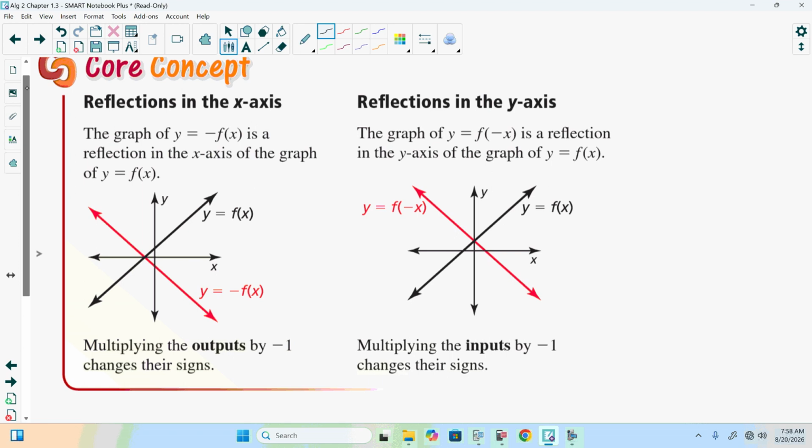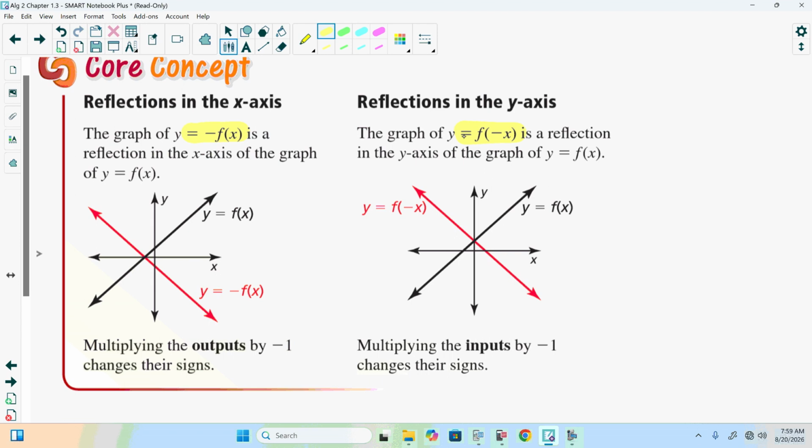If we're reflecting across the y-axis, it's going to be f of negative x. So if you want to circle or emphasize, because there's our two general forms. Across the x-axis is negative f of x. If we're reflecting across the y-axis, it's f of negative x.